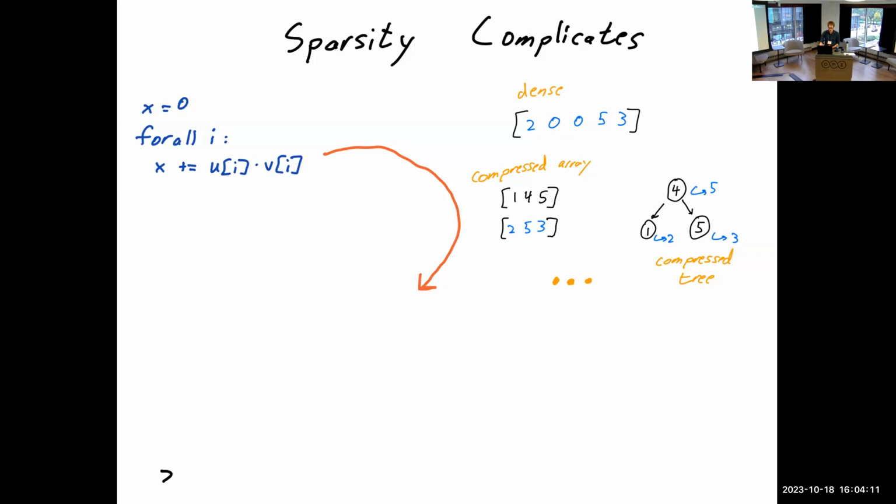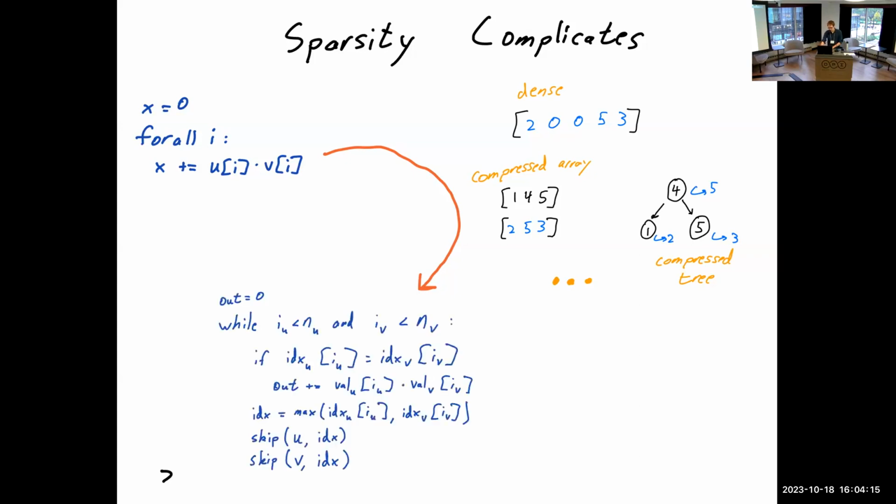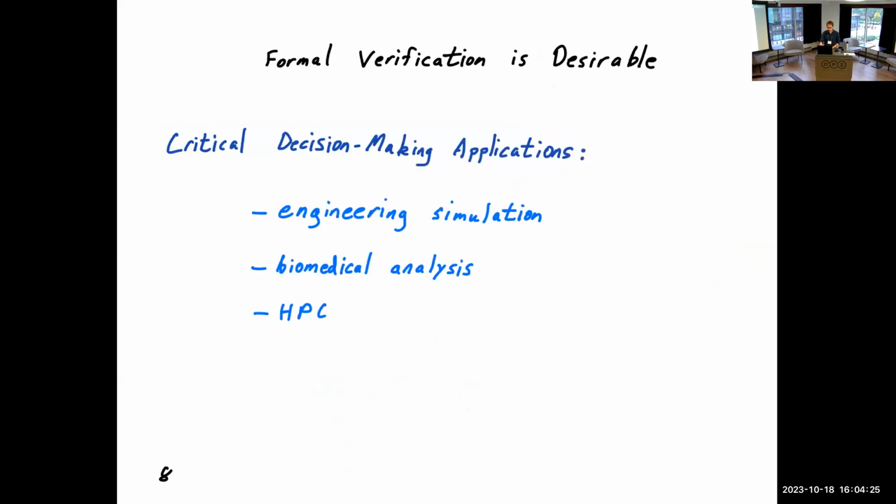So we'd like to be able to handle arbitrary data types such as these, but generating low-level code presents a combinatorial explosion problem, and the resulting low-level code is very difficult to reason about. So formal verification matters: sparse tensor algebra is used in various safety-critical or decision-making applications.